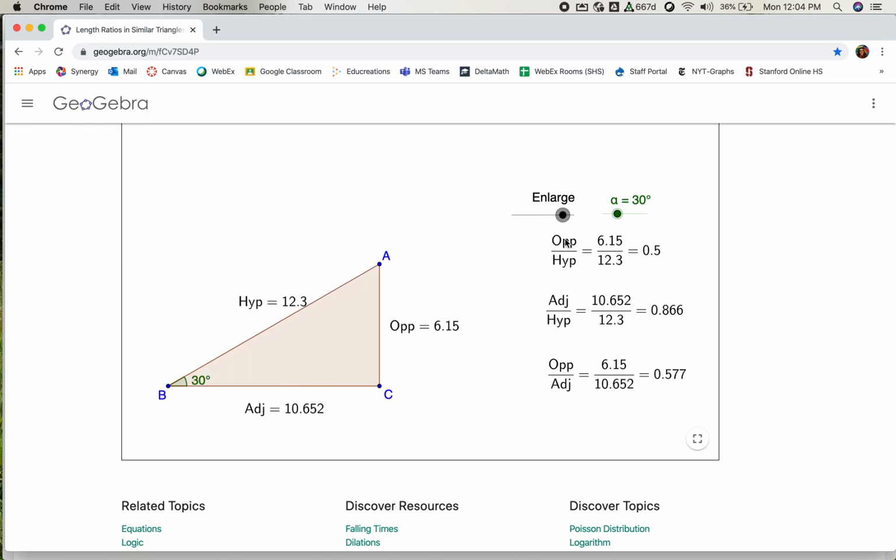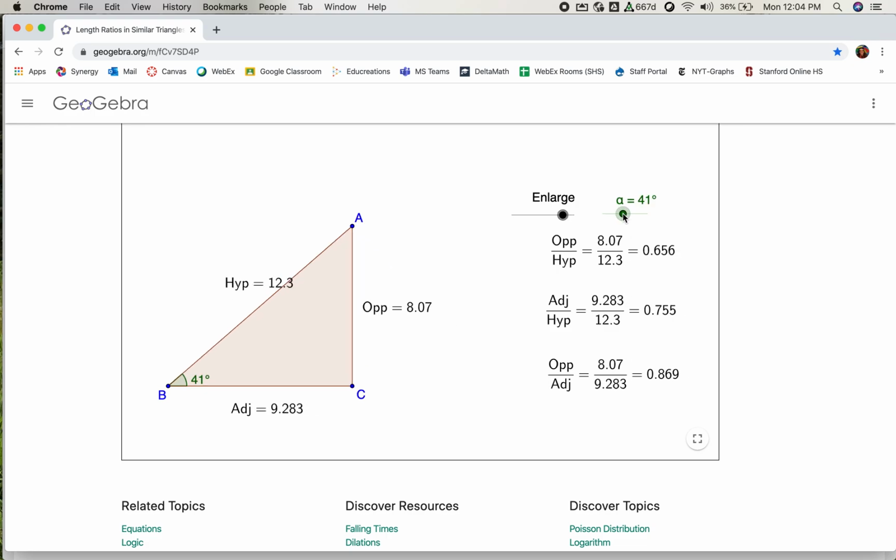The ratio of opposite over hypotenuse will stay 0.5 as long as that angle that we're referencing is 30 degrees. And it actually turns out this is our sine ratio right here, opposite over hypotenuse, cosine, adjacent over hypotenuse, and tangent, opposite over adjacent. These ratios are constant as long as I am referencing the same angle.